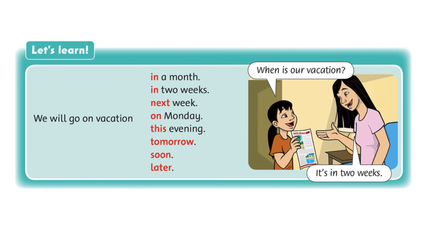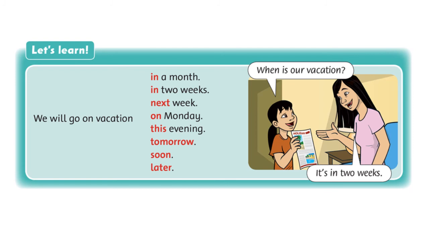Okay, let's learn about some adverbs of time. Okay, adverbs of time. That means a word or a phrase that is about the time in the future tense. Like, we will go on vacation.